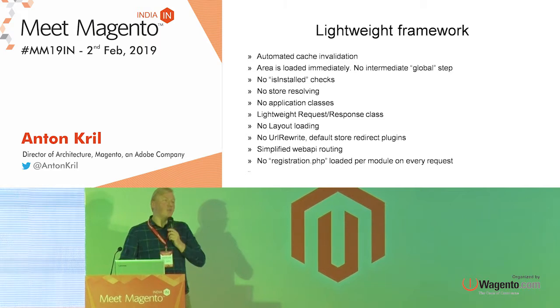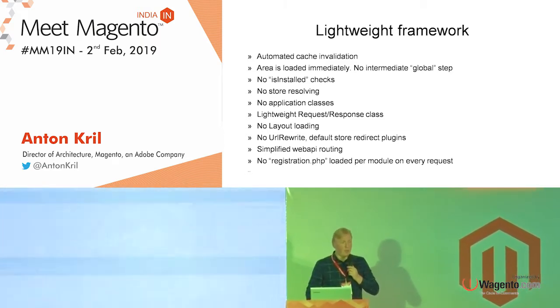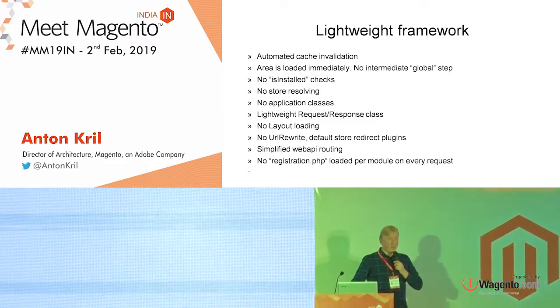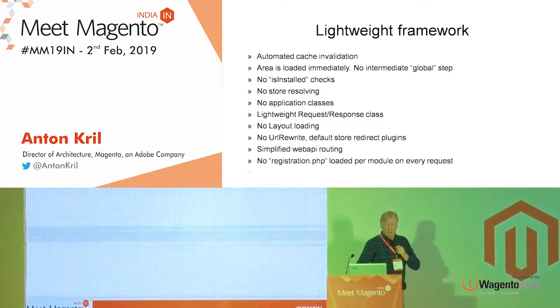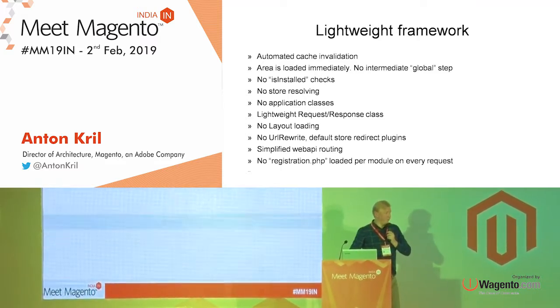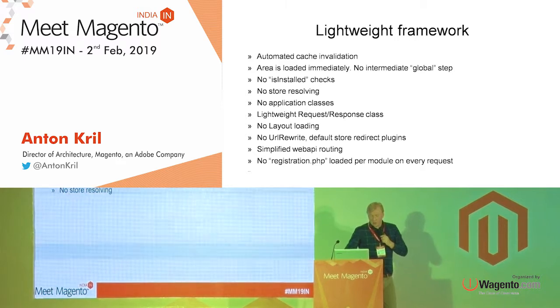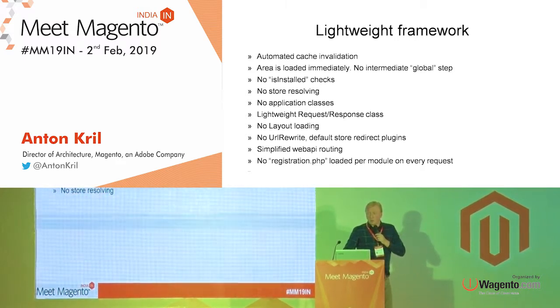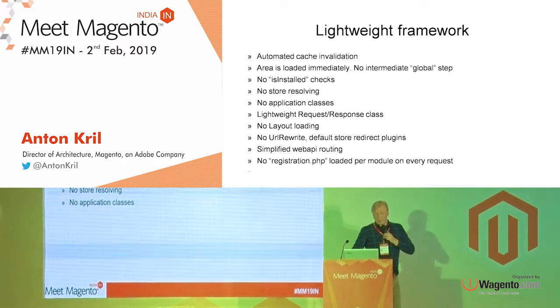There are a lot more things that we need to do to the framework, and we already have a prototype. I published it, where we implemented a lot of things that allow you to do this: no store loading, automated cache invalidation, configuration is loaded only once, no is-installed checks, it's silly to have them in the application. Store resolving is optional for some services; only services that know about stores should know about store resolving.